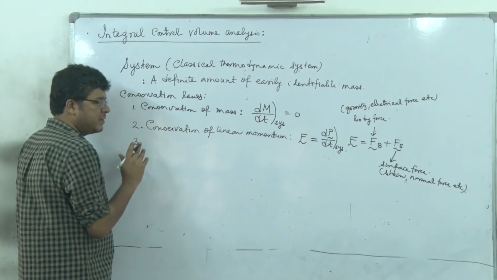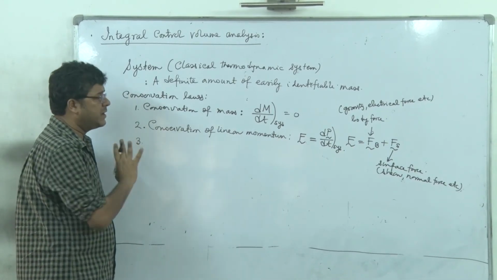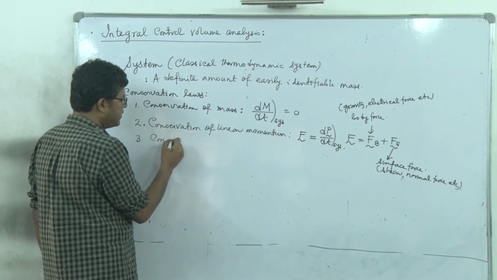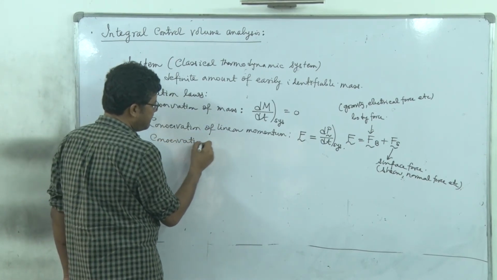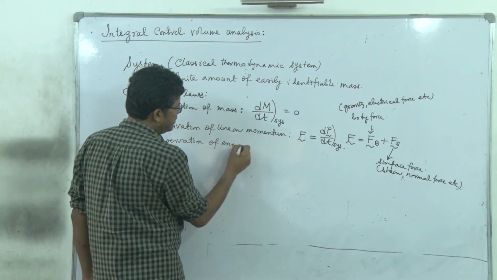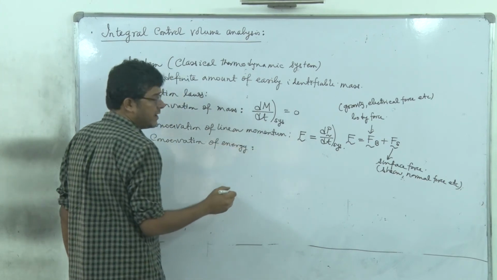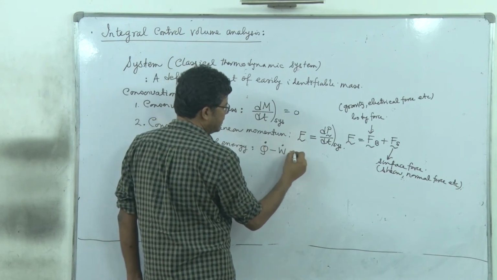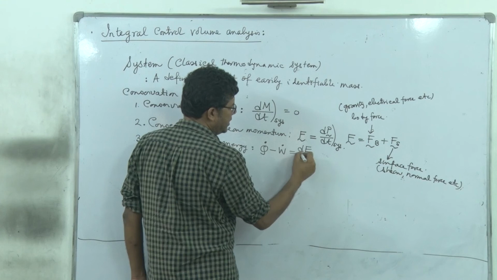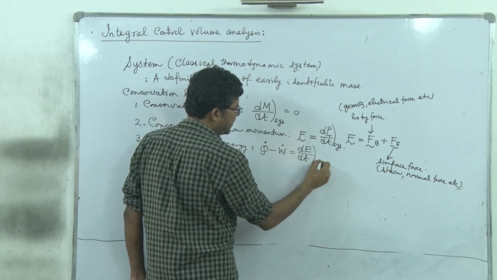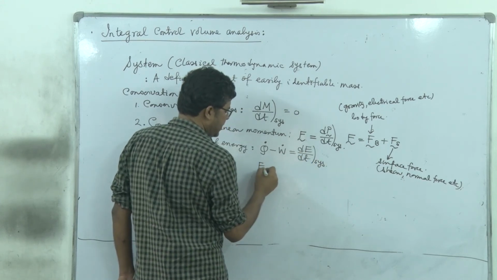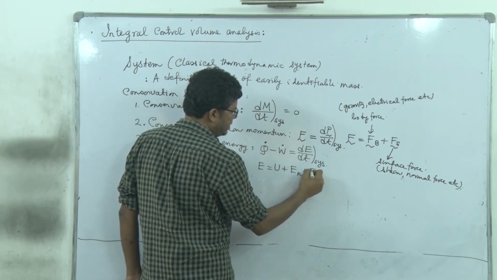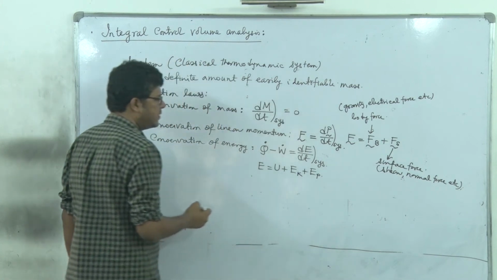Third, there is definitely conservation of angular momentum, but we are not discussing it as we are not going to use that. Conservation of energy, and that is nothing but the first law of thermodynamics, and it states Q dot minus W dot equals dE/dt of the system, where E is total internal energy plus total kinetic energy plus total potential energy, right?